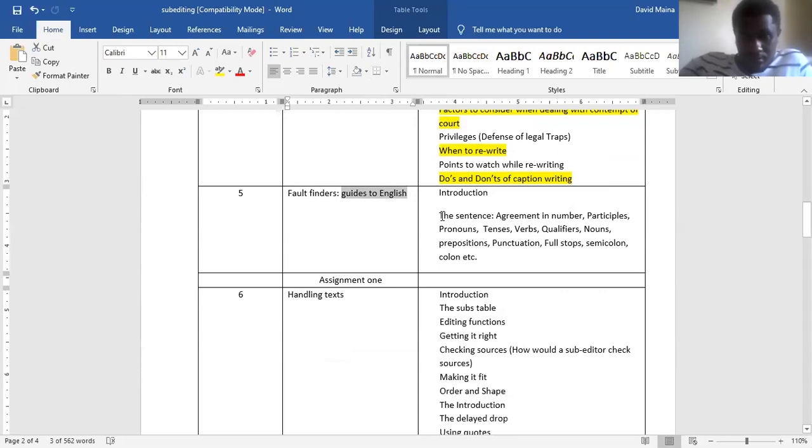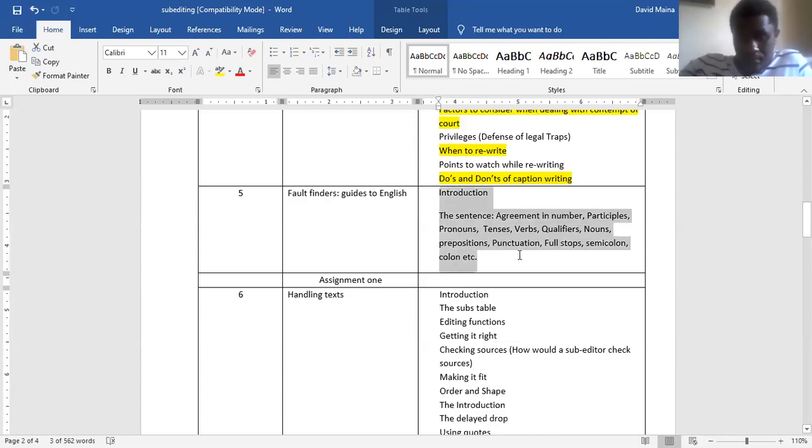Like we are going to look at the sentence, and in the sentence, agreement of number. We are also going to look at participles, pronouns, tenses, verbs, qualifiers, nouns, prepositions, punctuation, full stops, semicolons, and colons.